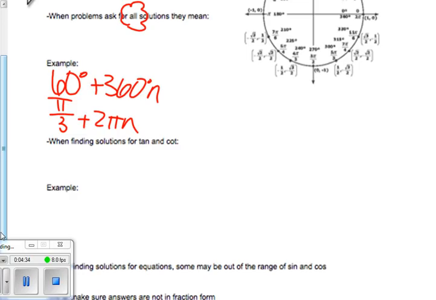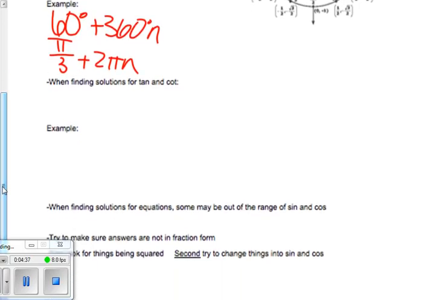And then a new thing I mentioned on Friday, but some people were gone, is when we find solutions for tangent and cotangent. And I'm going to use an example from our worksheets, worksheet E 1C.